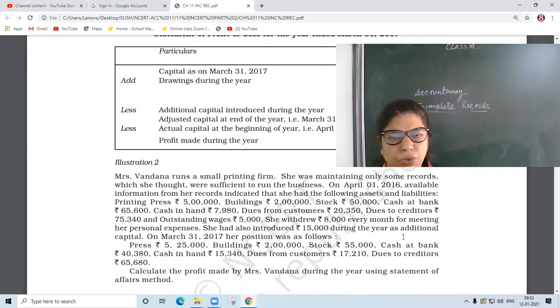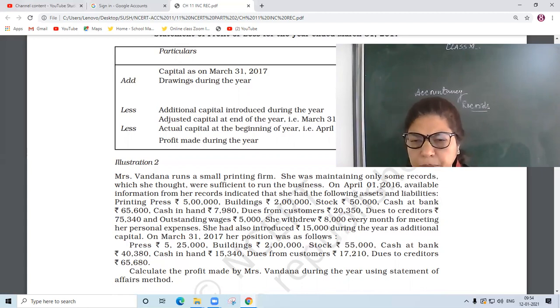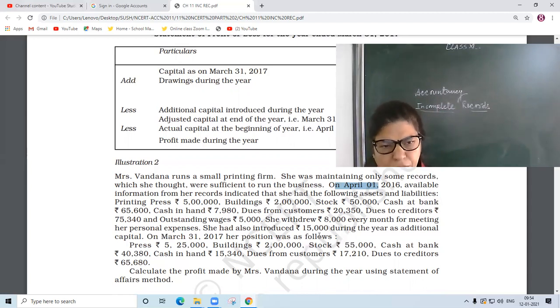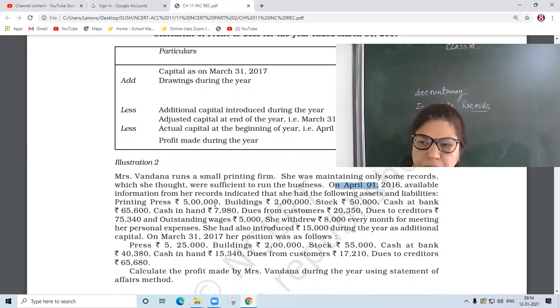Illustration 2. Mrs. Vandana runs a small printing firm. She was maintaining only some records. Okay. She had the following assets on 1st April. 1st April indicates opening capital. See, opening balance sheet means an opening statement of affairs is to be made.